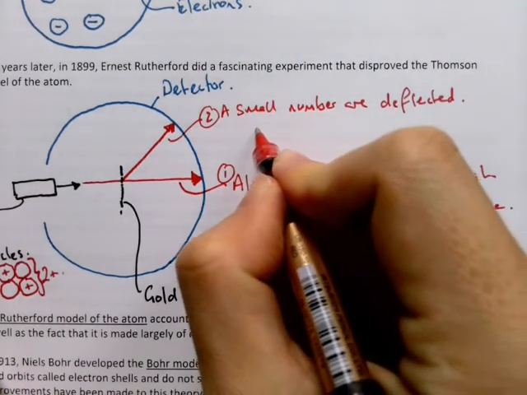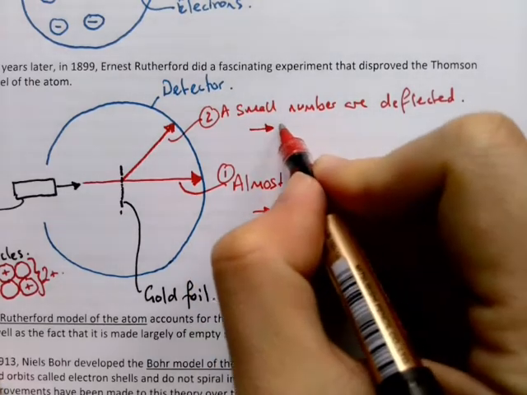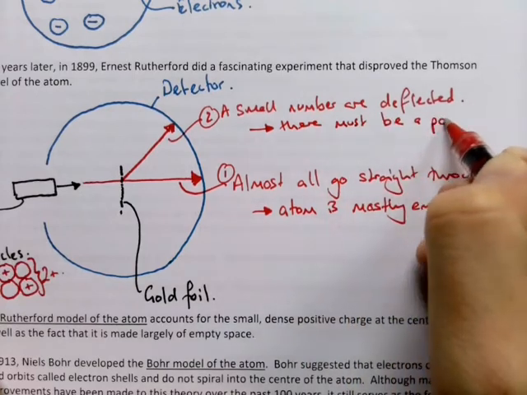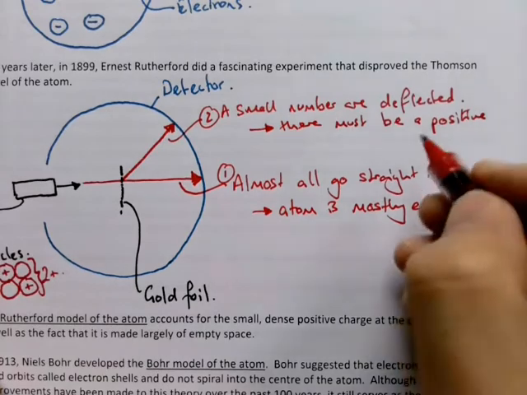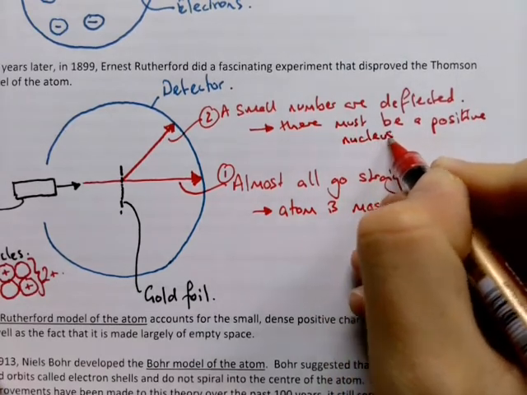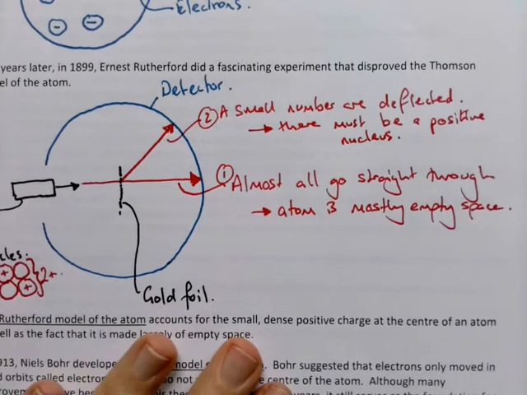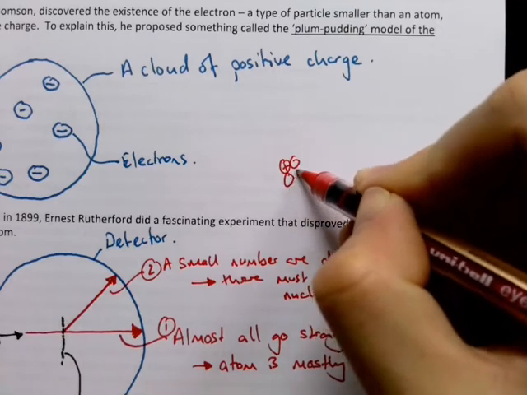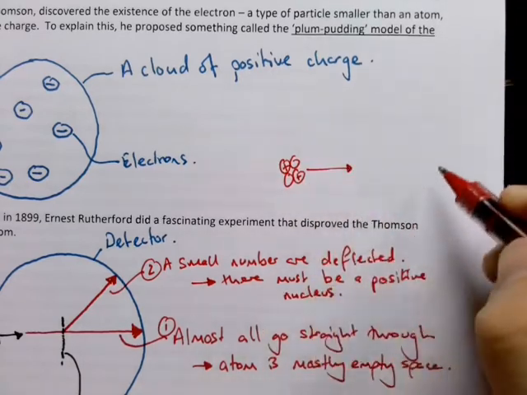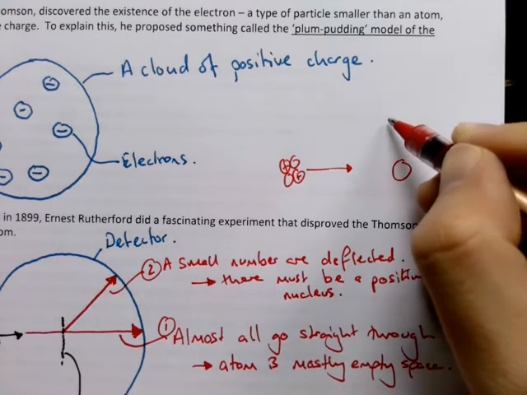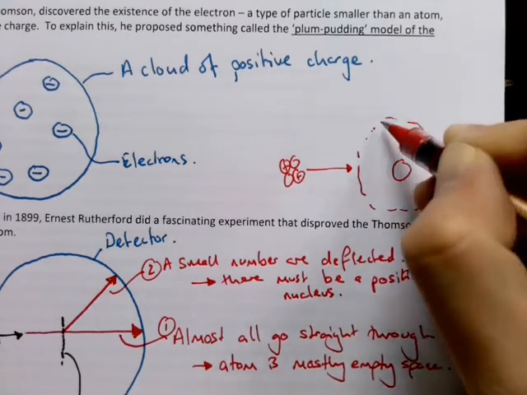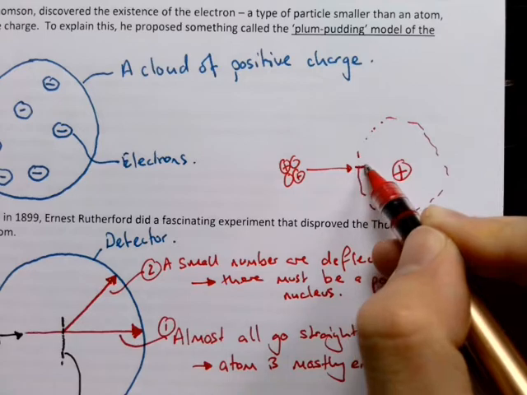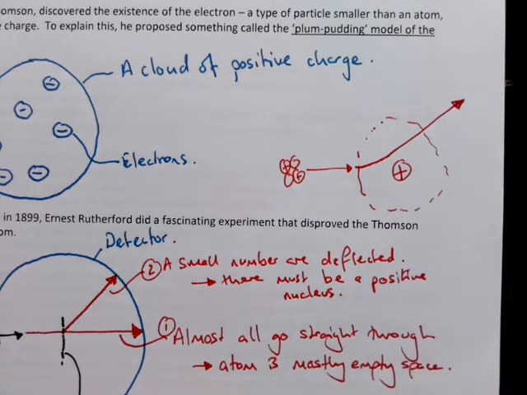So he decided that there must be a positive nucleus. And so I can draw this now. Let's imagine you've got your alpha particle coming along, and then your gold atom looks like this with the electrons around the outside, and this is positive. The alpha particle gets deflected by that. So that's what's happening.